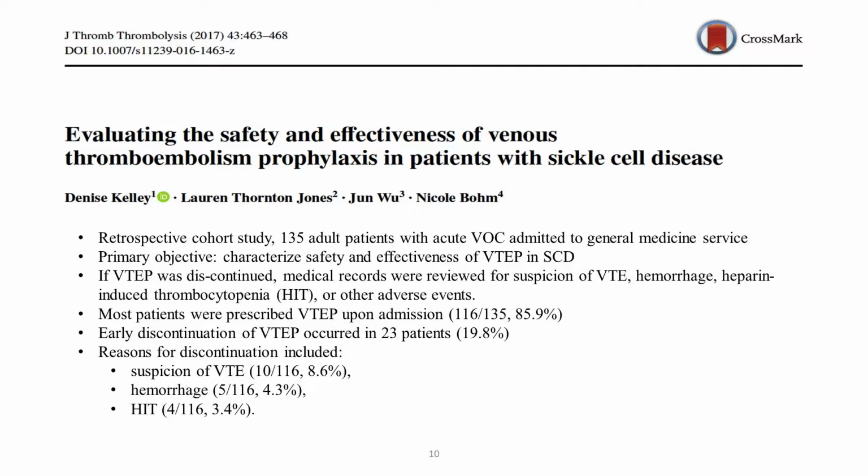There was early discontinuation in about 20%, and the reasons for discontinuation were a suspected VTE, which was the majority, and then either hemorrhage or suspected HIT, which is heparin-induced thrombocytopenia. So you can see that heparin prophylaxis is very safe and very effective.